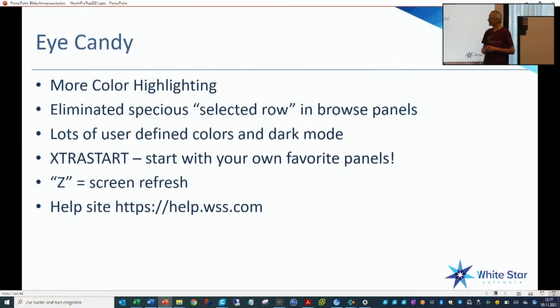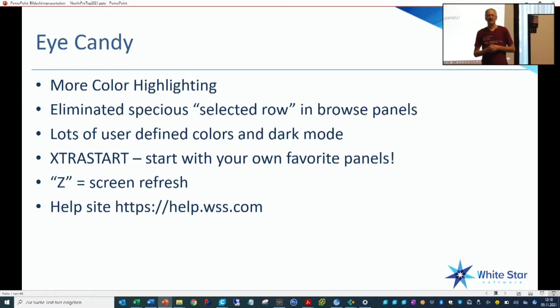The main things that we've done are, we have more color highlighting. We've added a lot of colors to the screen to help you identify what's good, bad, and indifferent. There was a very specious selected row in the browse panels that was always highlighted for some reason, so we got rid of that. Lots of user-defined colors, and we have a new dark mode, if you're into dark mode.